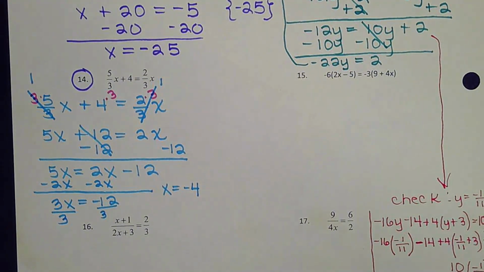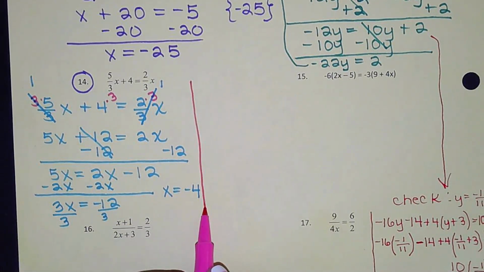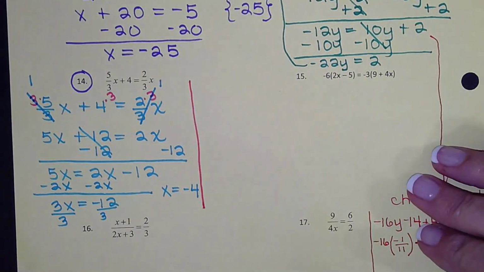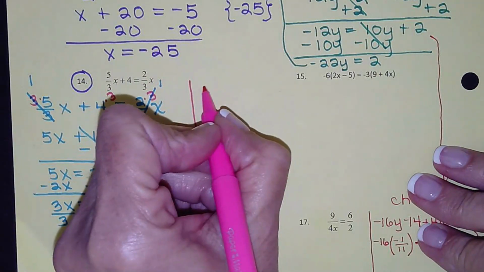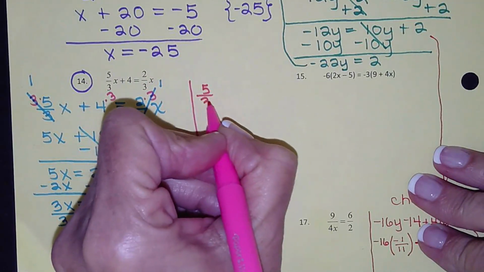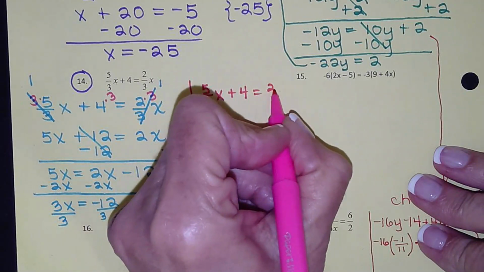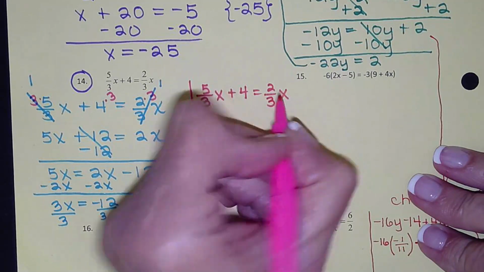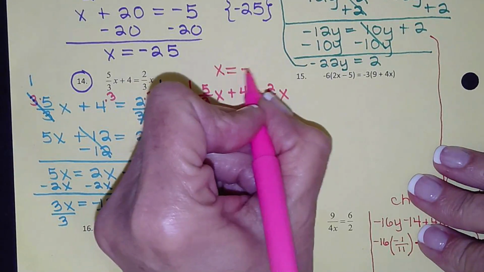So for our check, this one will be a lot easier than the last one. We just need to put negative 4 in for both of those x's. So let's write the original first. 5/3 x plus 4 equals 2/3 x. And we're checking x equals negative 4.